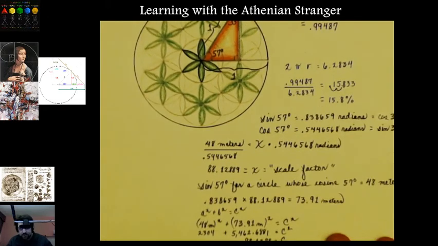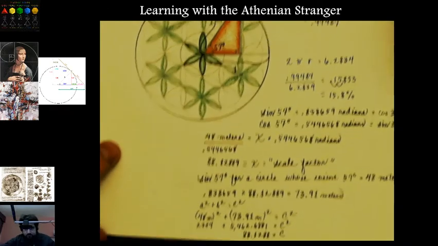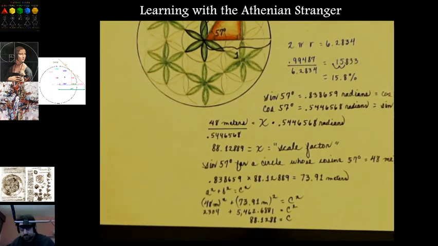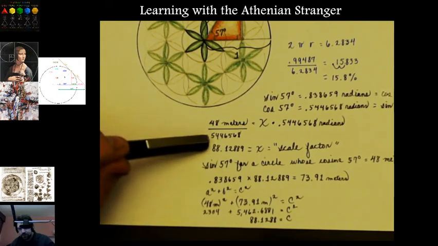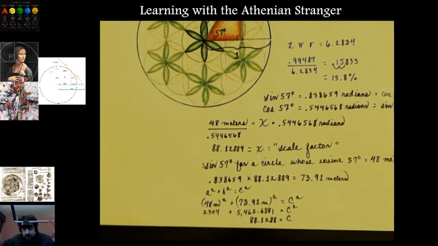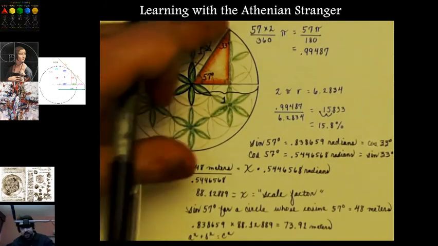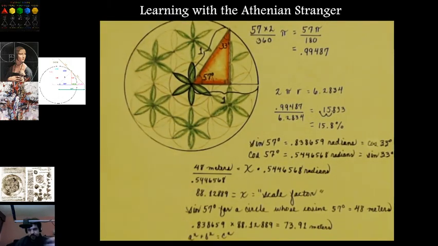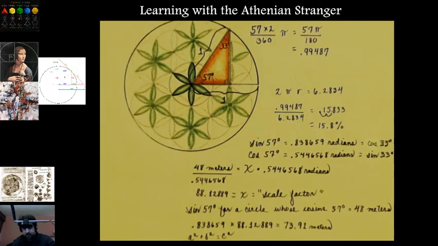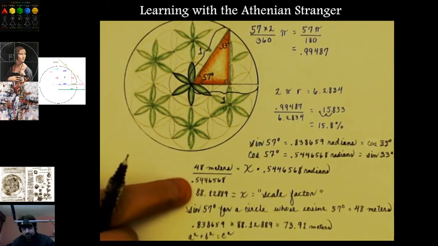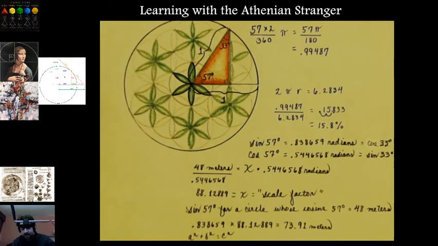Now here's the miraculous thing. Where have we seen that before? Right here. That's what I was hoping would happen. Because the unit circle has a radius of 1, and once you throw out the word hypotenuse and you only call it radius, it makes sense, doesn't it? Because the unit circle has a radius of 1 and the scale factor was 88.12889, so it's 88.12889 times as large of a circle as the one that's right here.